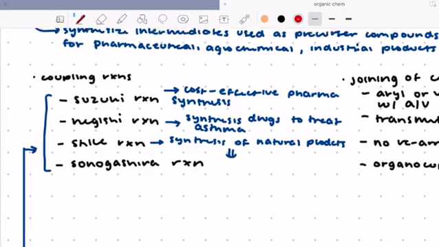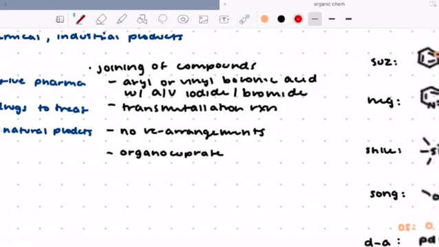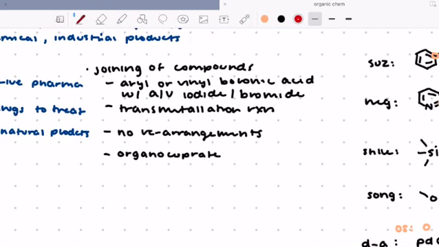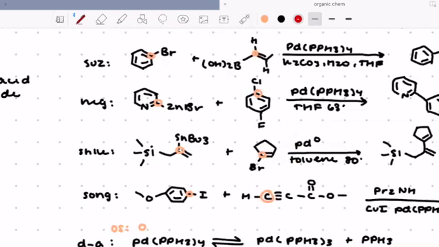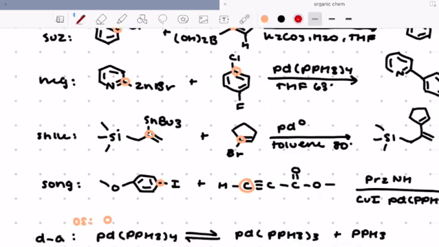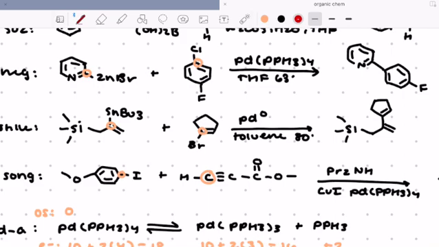Next is the Stille reaction. What's nice about Stille is that there is no rearrangement. You can see that this compound was produced by using these two right here.